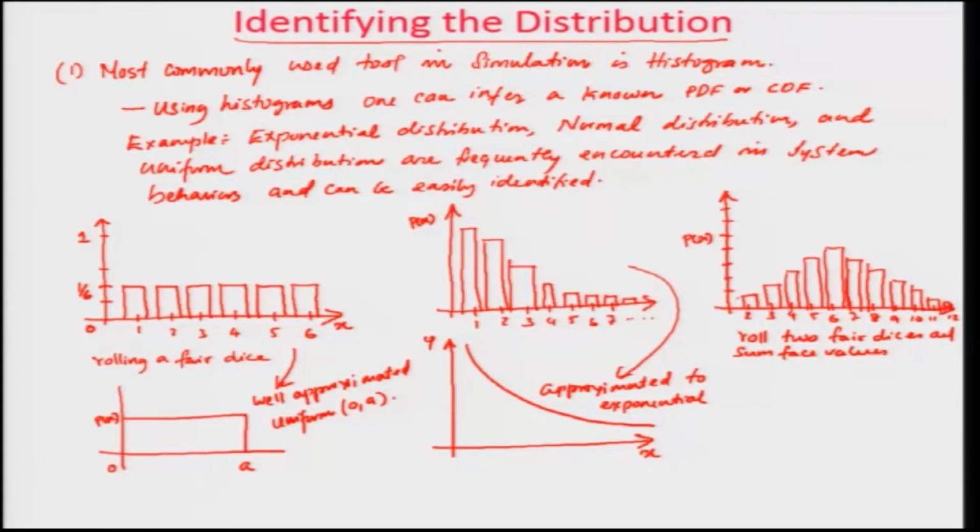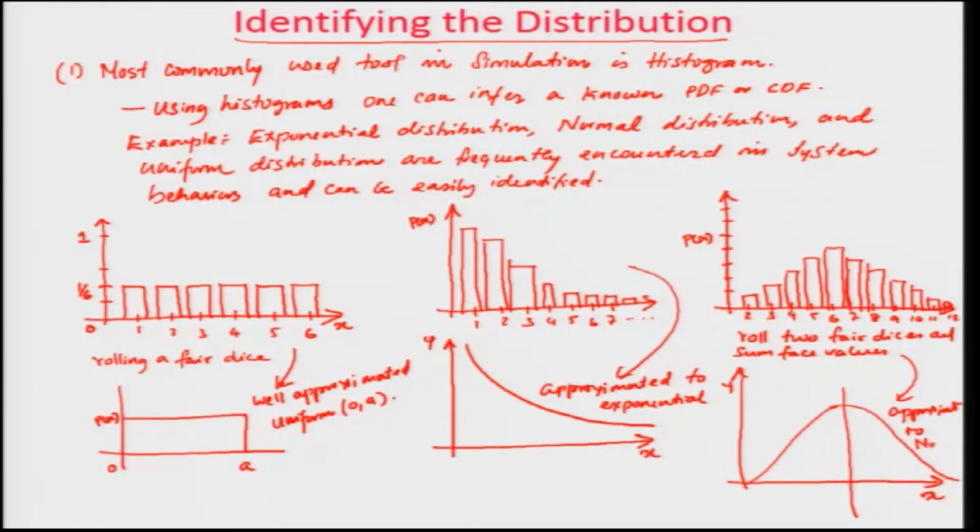An approximated version of this can easily be said to be a bell shaped curve, approximated to normal.